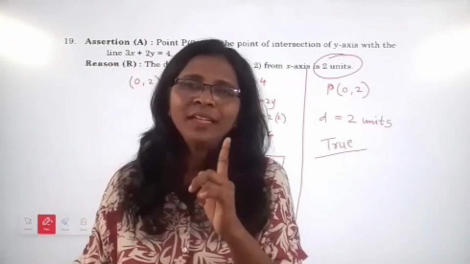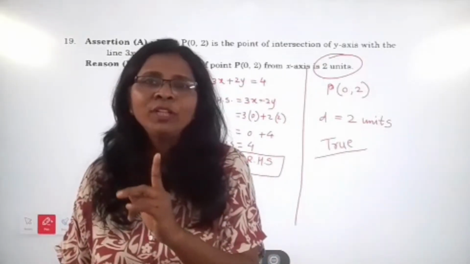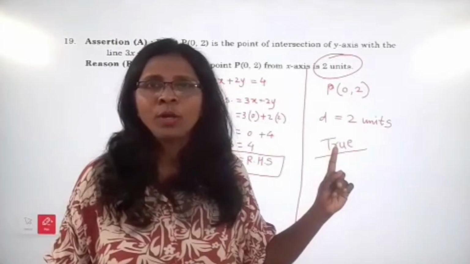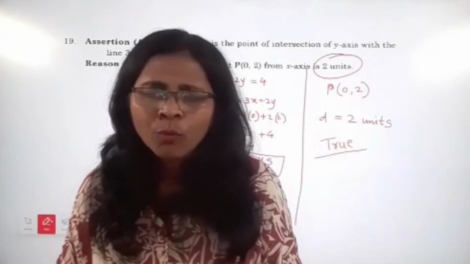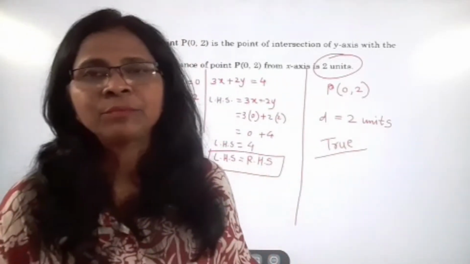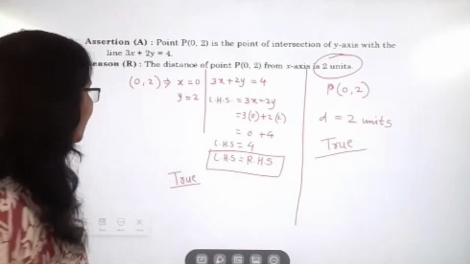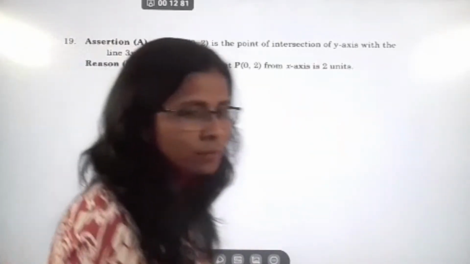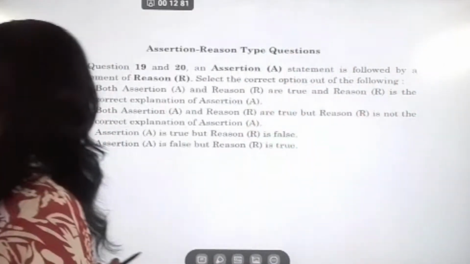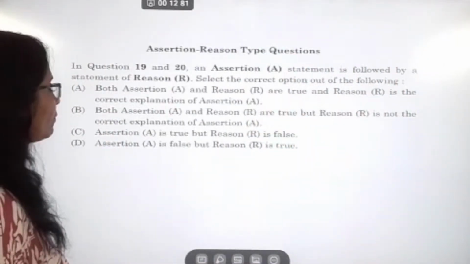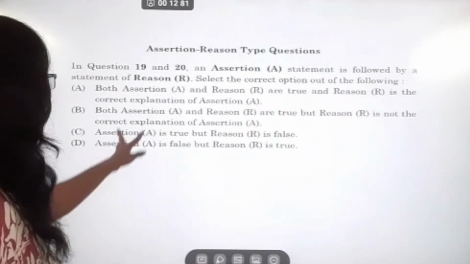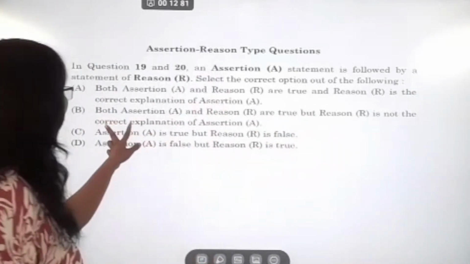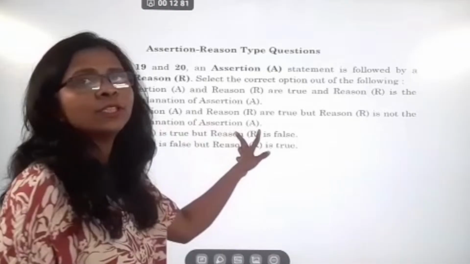No students, it is not the reason of the given assertion. So we can say that the correct option here is that both assertion A and reason are true, but reason is not the correct explanation of assertion.